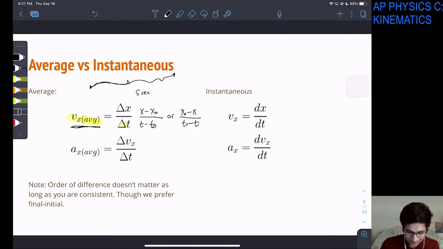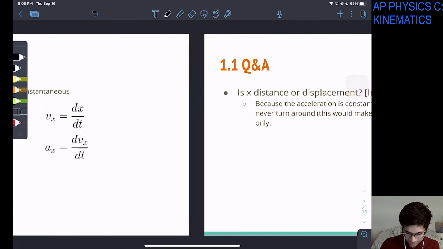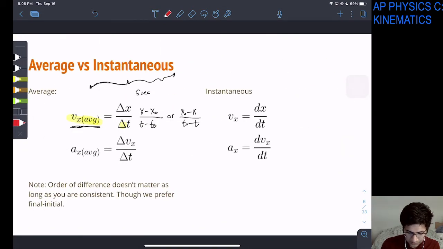Because if you multiply both sides by -1, which is the same thing as multiplying the entire quantity by 1, because -1 over -1 is 1, then you just get the other expression. So it's actually the same. It doesn't really matter as long as you're consistent. So you can't have x naught here and your first term here can't be t. So always make sure you're consistent, whatever you do.